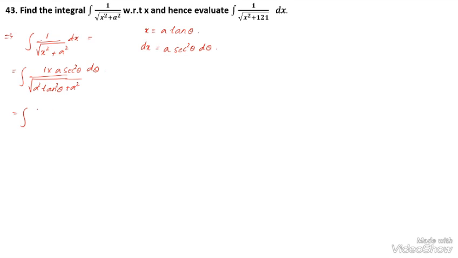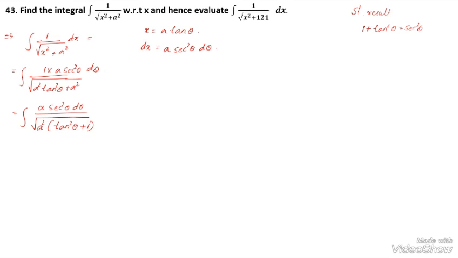Now a sec square theta into d theta divided by root of, here both terms contain a square, so I can take a square as a constant, and it becomes tan square theta plus 1. We know the standard result of trigonometry, that is 1 plus tan square theta is equal to sec square theta.